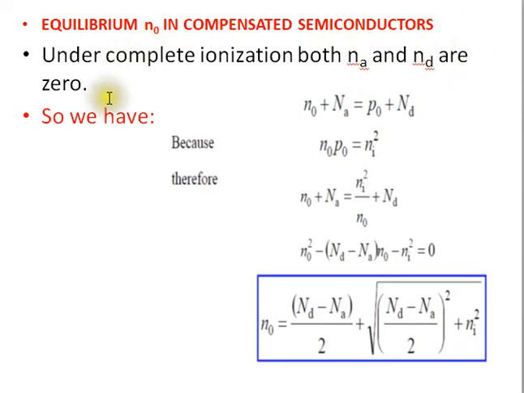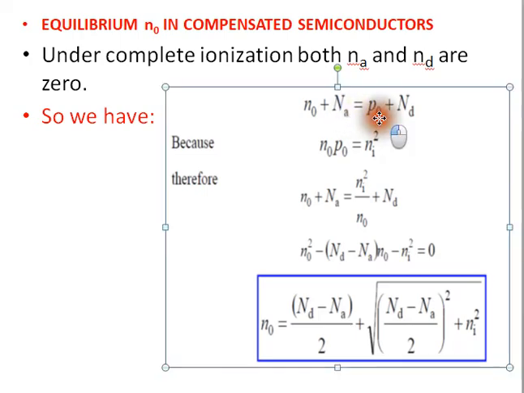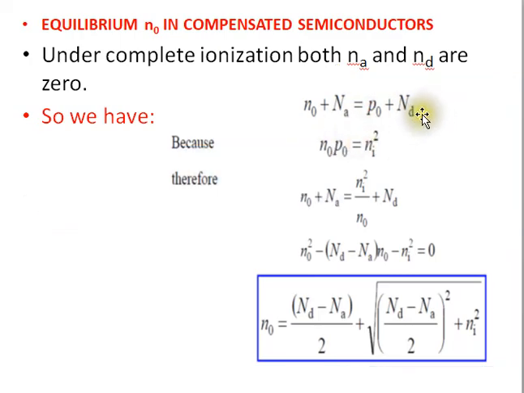So in that case, our N0, which is the concentration of electrons, plus the number of the acceptor atoms, that is group 3 elements, Na, is equal to P0, which is the number of holes, plus the number of what? The donor atoms, which is Nd. And we know from the initial that the product of N0 and P0 is equal to Ni square, which is the intrinsic concentration.